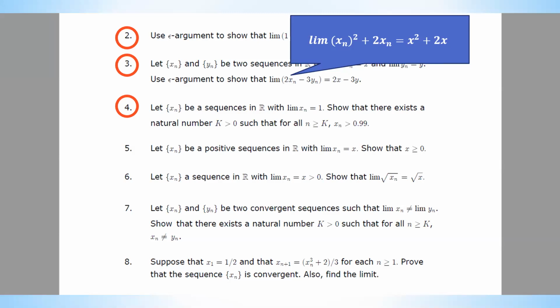So number 4 is a typical problem. And number 5, I circled in green. Number 4, number 5, and number 6 are all related, the same kind of problems. My recommendation is you first fully understand number 4, and then you spend time on number 5 and number 6 in this order.